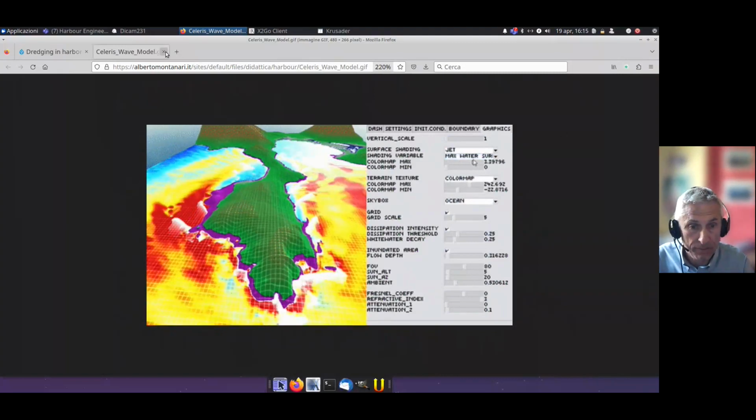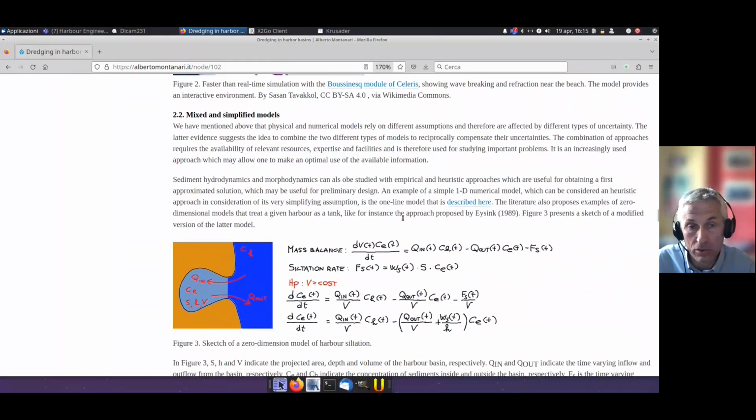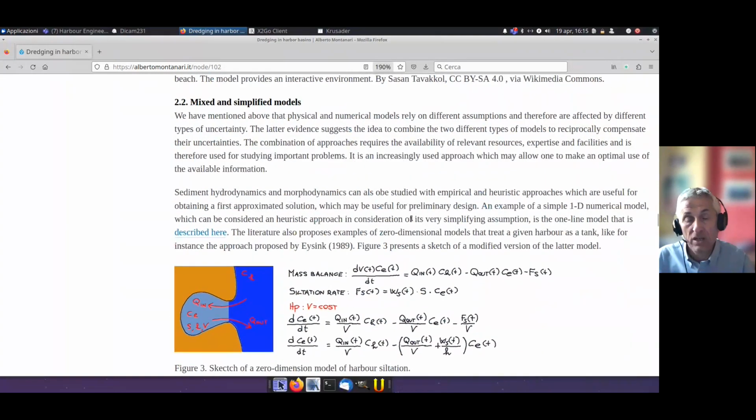Okay, so now I said that we may integrate the two solutions, and we may integrate the two solutions also by using mixed models. And another interesting opportunity is given by simplified models.